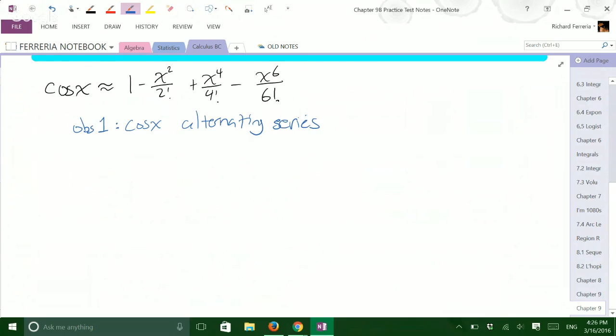Okay. So the correct error that we should use is just the unused term. So the error is going to be less than the first unused term.